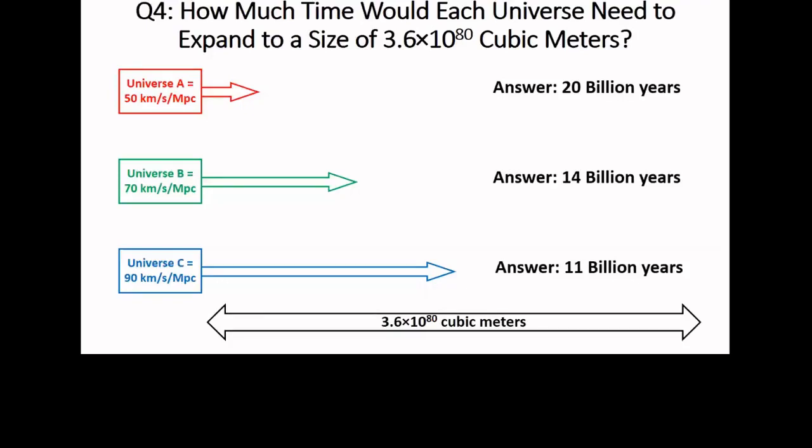Universe B's expansion rate, being 70 kilometers per second per megaparsecs, gives us an answer that's pretty close to what we measured in lab number 11. And Universe C, one that expands at a greater rate, would be able to reach the same size that our universe currently has in only 11 billion years instead of 14 billion years.